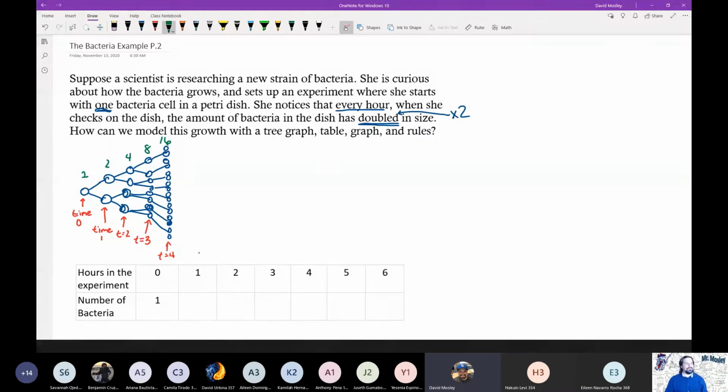All right. Now, so there, we've done the tree graph. So we've done the tree graph up to this point. Might as well use that on our table, right? And again, it's important to recognize that we're dealing with hours. That is our measure of time.